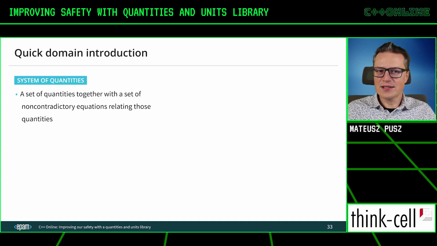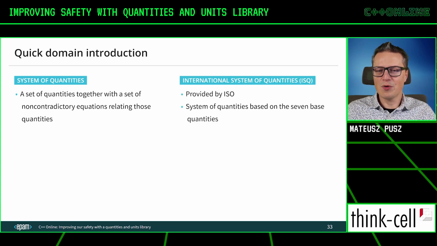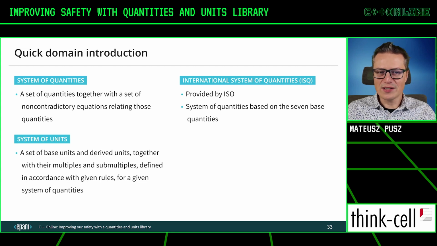Right? So a system of quantities is a set of quantities together with a set of non-contradictory equations relating those quantities. And the most important example here is the so-called ISQ, the International System of Quantities, standardized by ISO. This is the well-known system of quantities based on the 7 base quantities, right? The one for which SI provides units. So SI is a system of units.